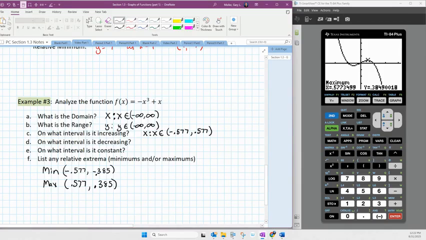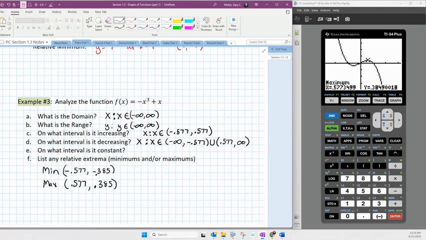When is it decreasing? Well, it's decreasing from negative infinity to that low point. So it's decreasing on all the x's that belong to the group negative infinity to negative 0.577, which is where it started increasing again. And then it's going to start decreasing again. So I'm going to join it with the group 0.577 to infinity.